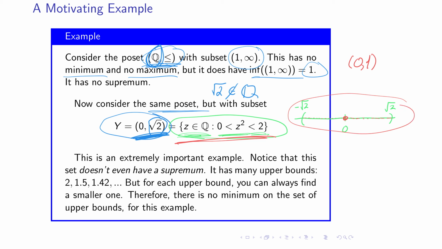But this set doesn't even have that. It doesn't even have a supremum. So what do we do about that? We expanded from maximum to supremum in our concept of a best upper bound to catch more cases that we obviously desired, but it's not helping us here.